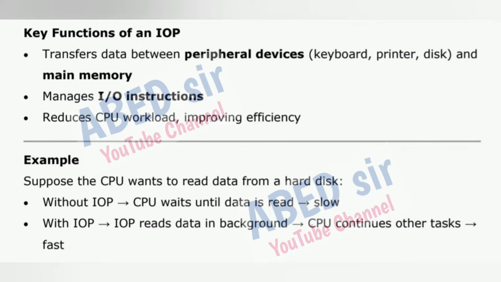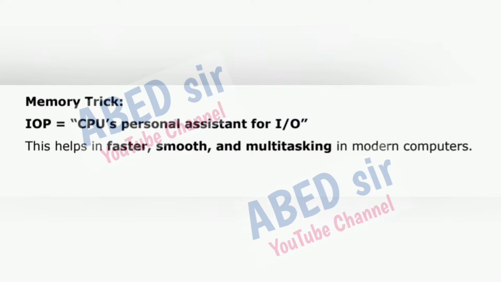Without IOP, CPU waits until data is read, slow. With IOP, IOP reads data in the background, CPU continues other tasks, fast. Memory trick: IOP is equal to CPU's personal assistant for I/O. This helps in faster, smooth, and multitasking in modern computers.